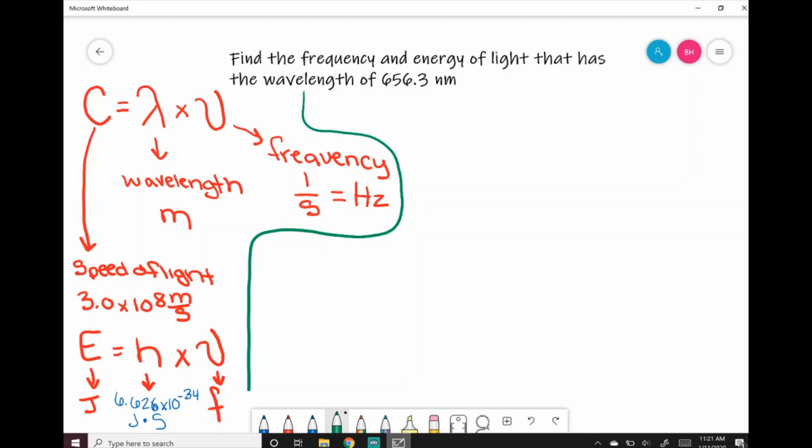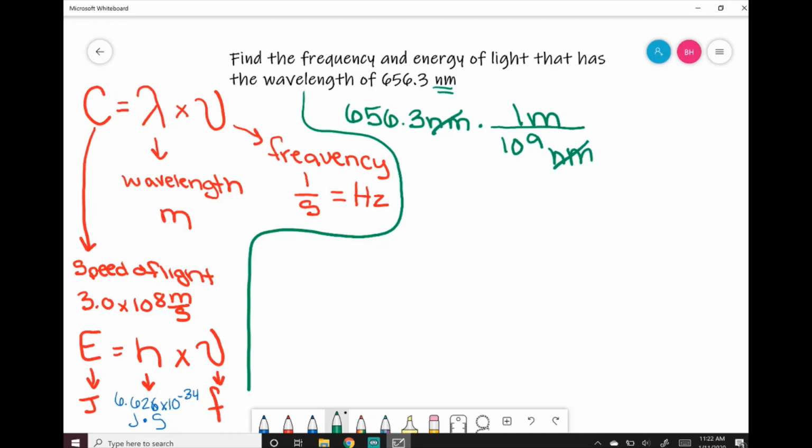When I first approach this problem, the first thing that I like to do is convert my nanometers into meters. It just is easier for me to do that right off the bat. So I'm going to say 656.3 nanometers, and I'm going to set up a conversion because 10 to the 9th nanometers is 1 meter.